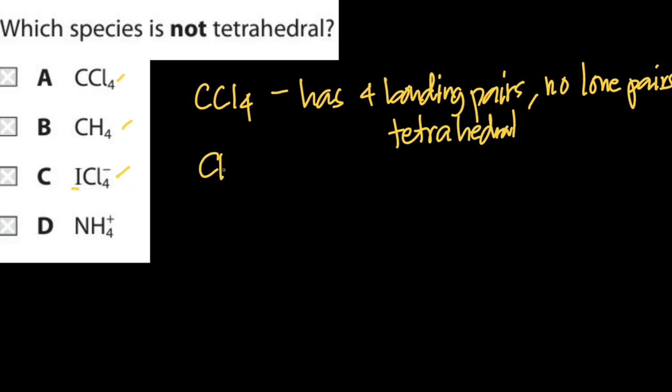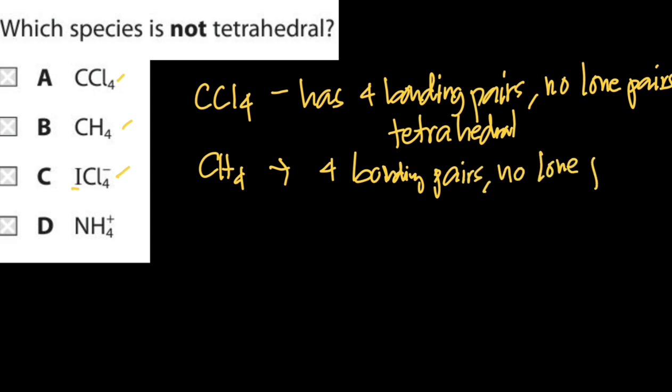And then methane, CH4. This is the same as CCl4: four bonding pairs, no lone pairs. So the shape of this is also tetrahedral.